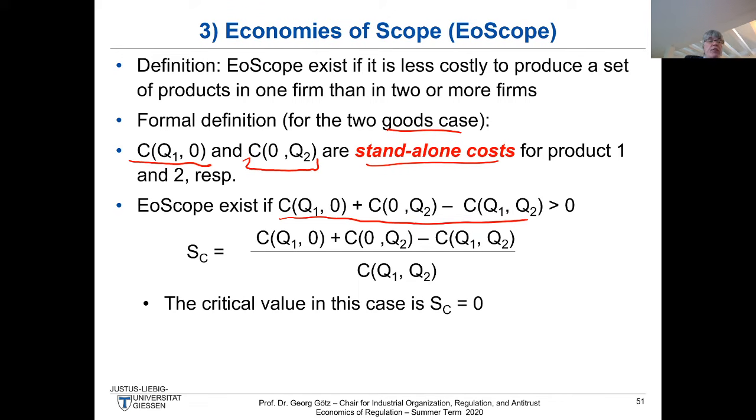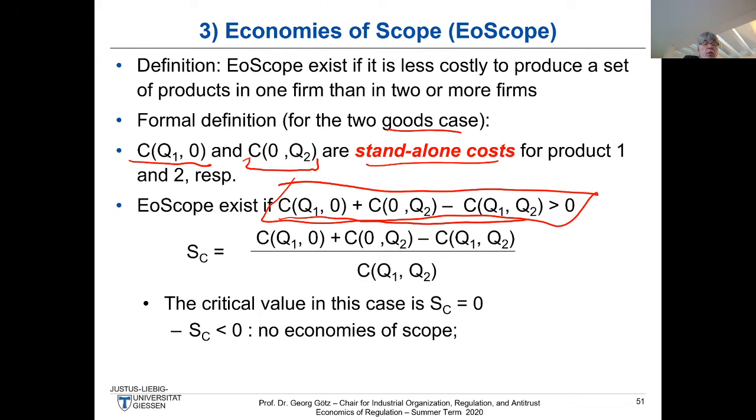You already see from this term up here the respective sign of this index. No economies of scope if this is smaller than 0, economies of scope if it's larger than 0.